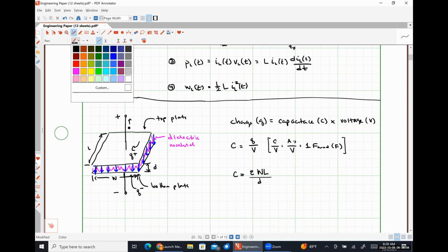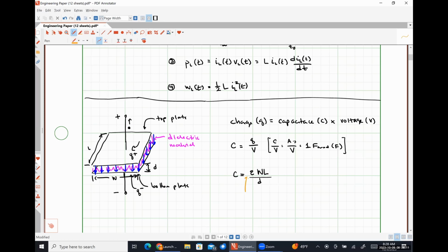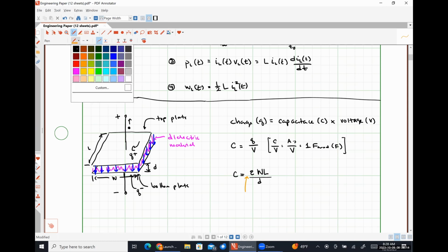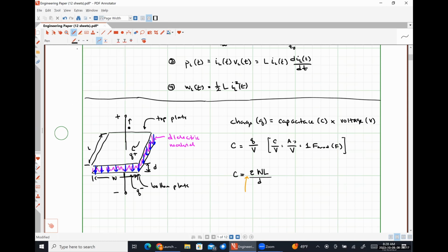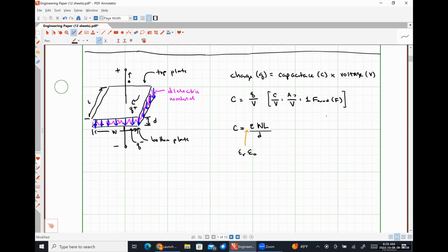The other contribution here is this term epsilon, and epsilon is actually the product of two things. Epsilon is epsilon R times epsilon naught, where epsilon R is the relative permittivity, measured with respect to epsilon naught, which is the permittivity of free space, or the permittivity of a vacuum.